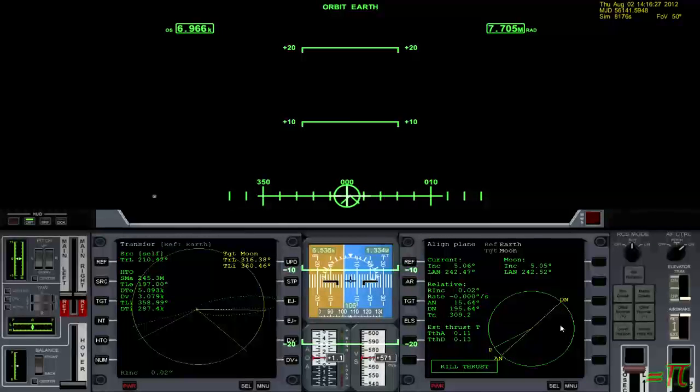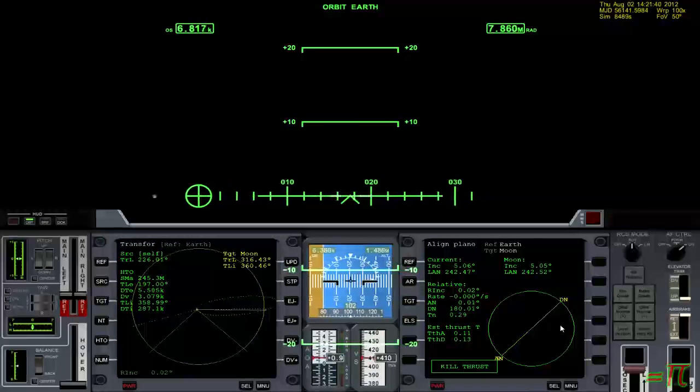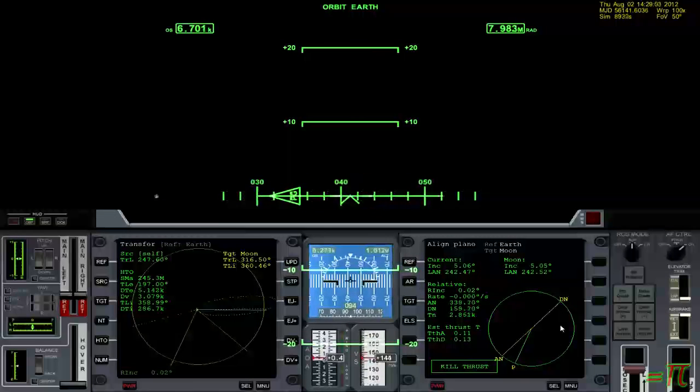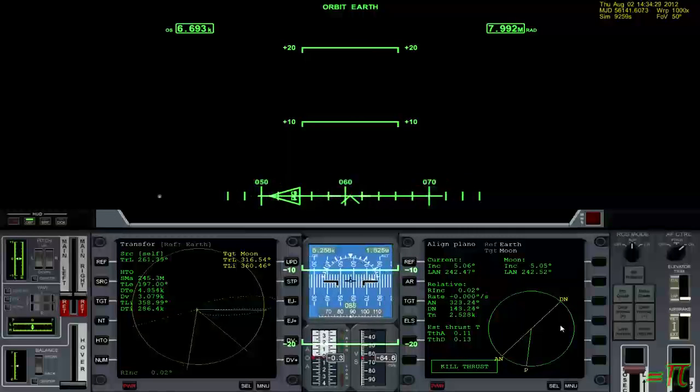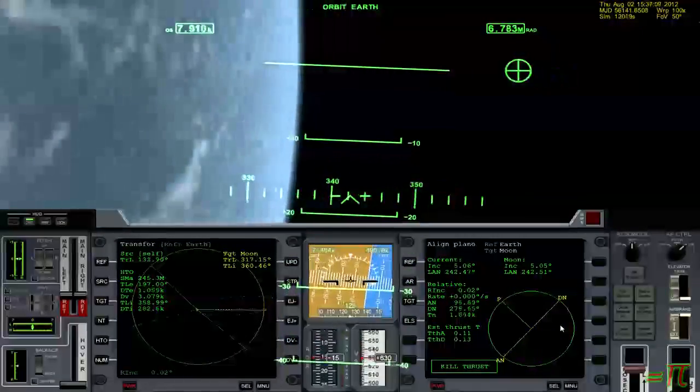And now I'm going to go ahead and warp time ahead till we get to that point, because nobody really wants to sit here for an hour and a half to almost 2 hours waiting for us to get in position to go. Time compression is very handy.